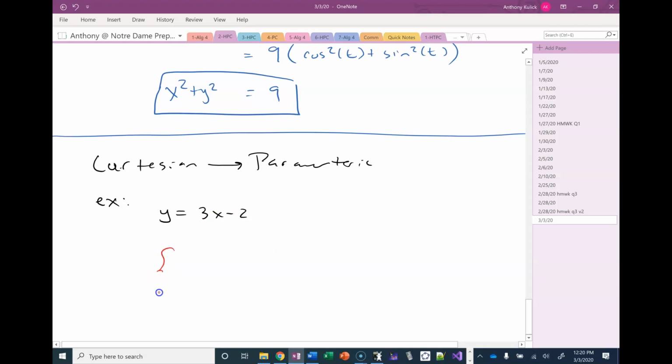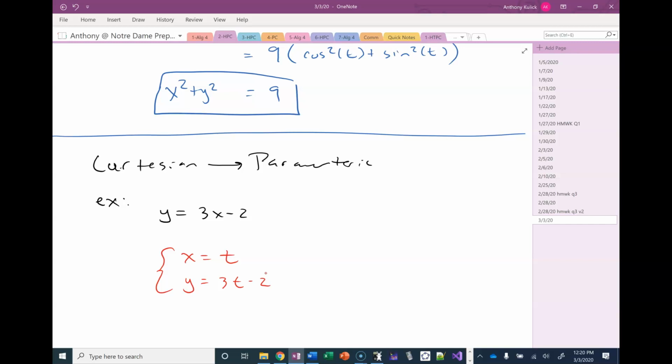So I'm just going to say x is going to be t. If I do that, what's y have to be? 3t minus 2. It's that easy. If the x occurs just one time, you don't have to do anything sneaky.